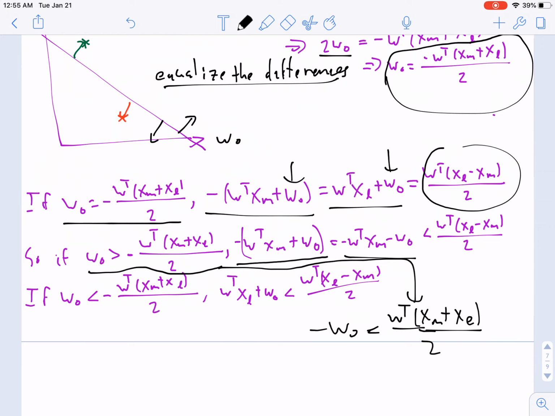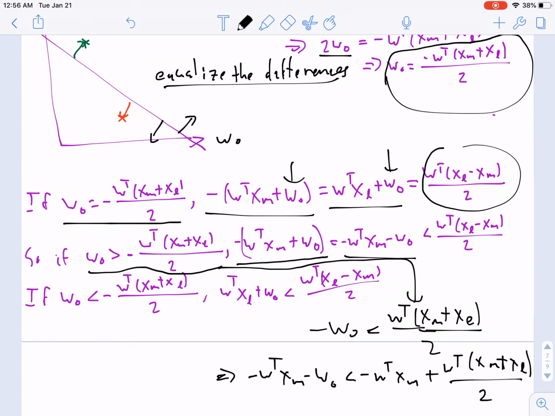And so that implies that negative W transpose XM minus W naught is less than negative W transpose XM plus W transpose times XM plus XL over 2.